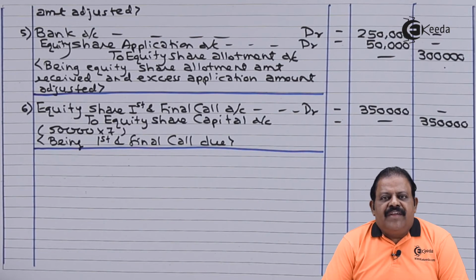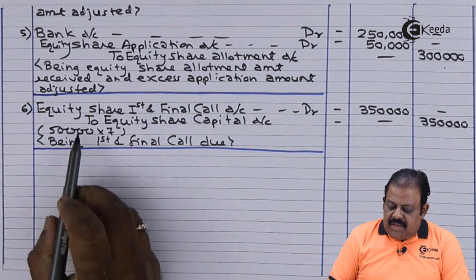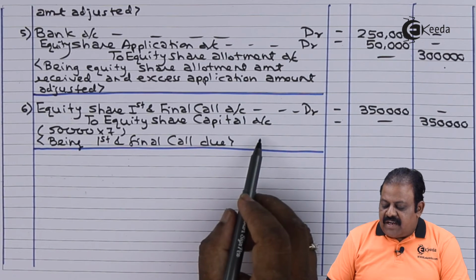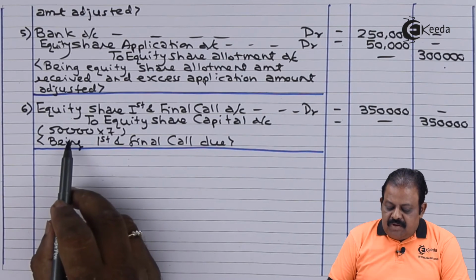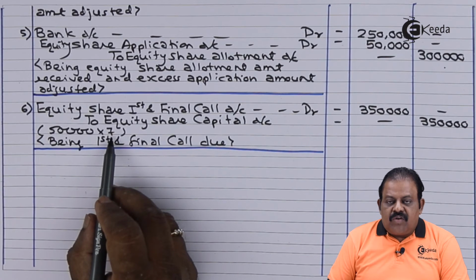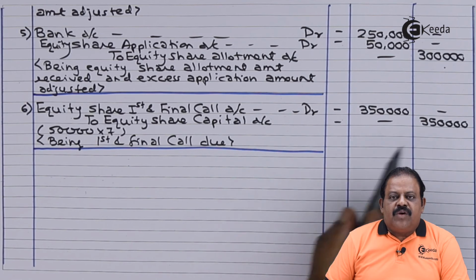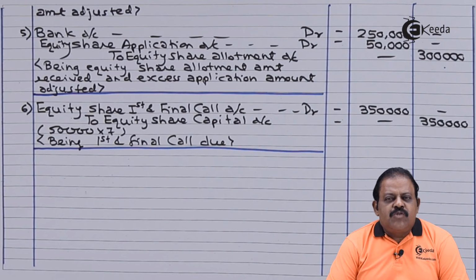Company demands final call from the shareholder and accordingly final call letters are sent to the shareholders. Company records an entry: equity share first and final call account debit to equity share capital account on 50,000 shares. Final call is of rupees 7 per share. It comes to 3,50,000. In response to this call demand, shareholders have paid the amount. So that will be our next entry.